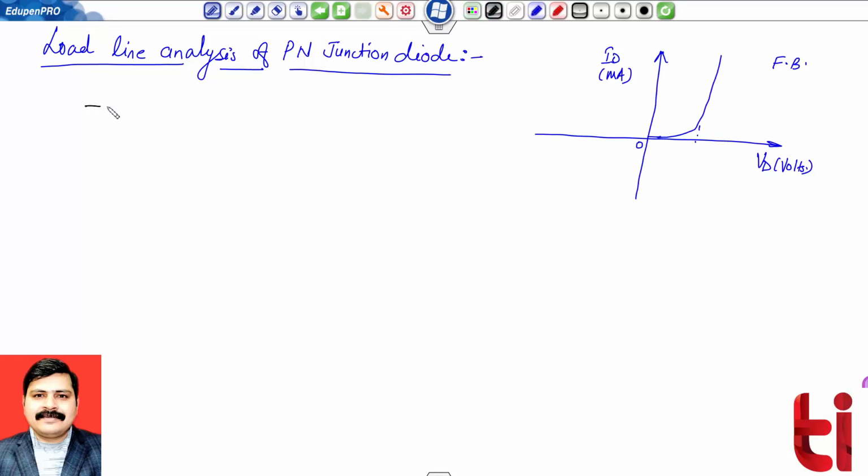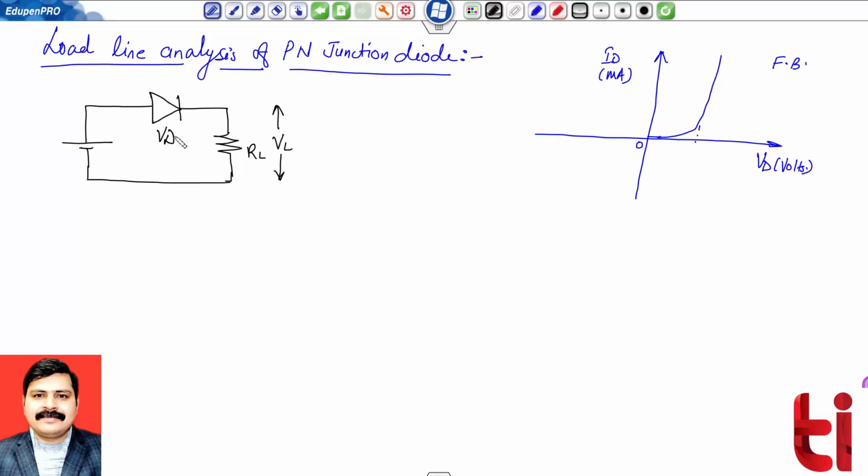So, over here is a biasing supply, and suppose I'm having a load resistance of value RL. I'm interested to find the load voltage VL across the load resistance RL.